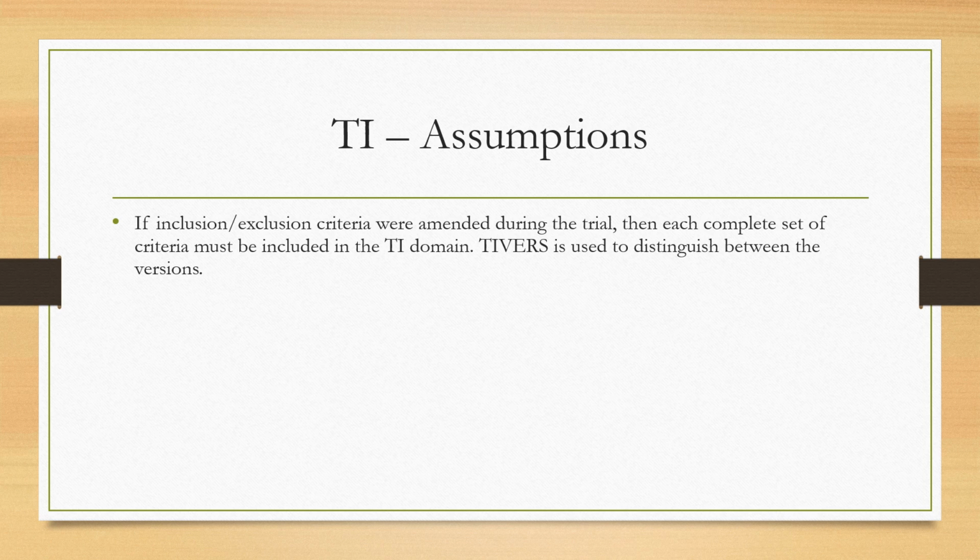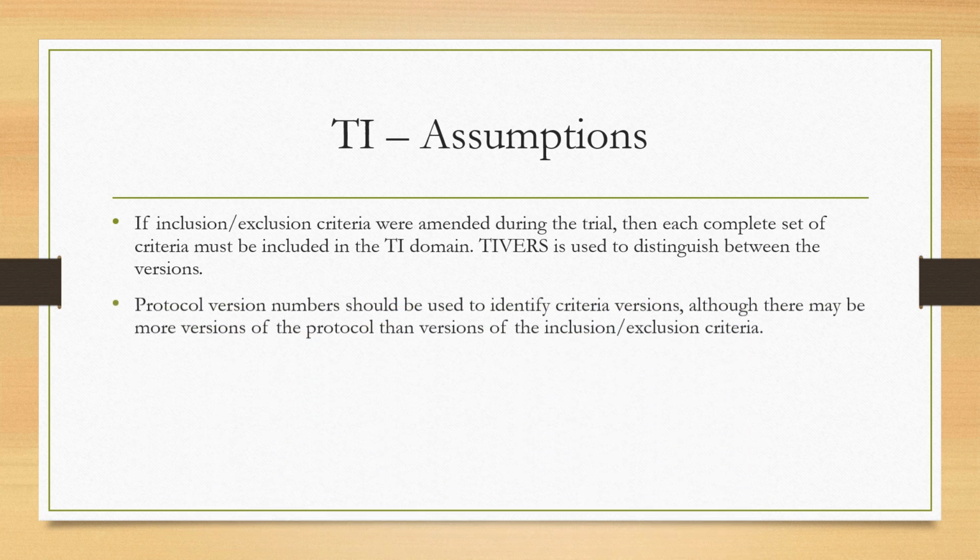When we say the inclusion criteria or the exclusion criteria are amended during the trial, what we mean is that the criteria which was initially mentioned in the protocol is either removed from the study or there was different text added or substituted for the existing criteria. We will see this again in the coming video, in one of the examples where the inclusion exclusion criteria were amended during the trial.